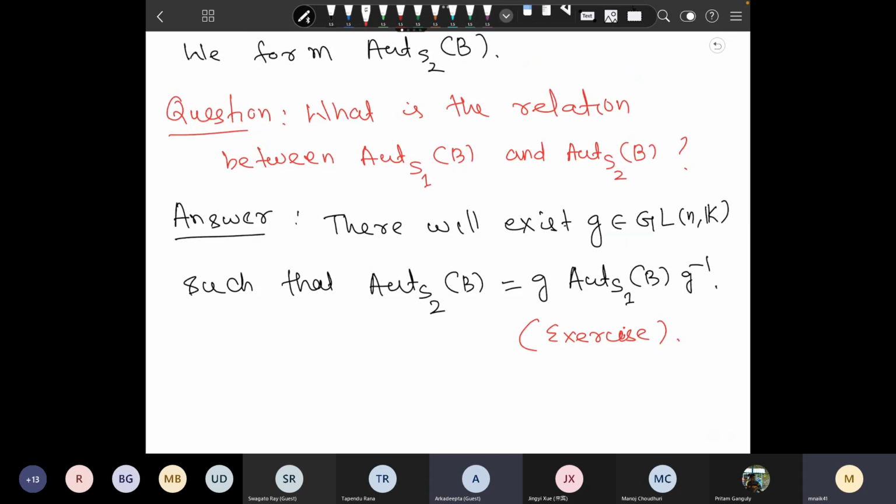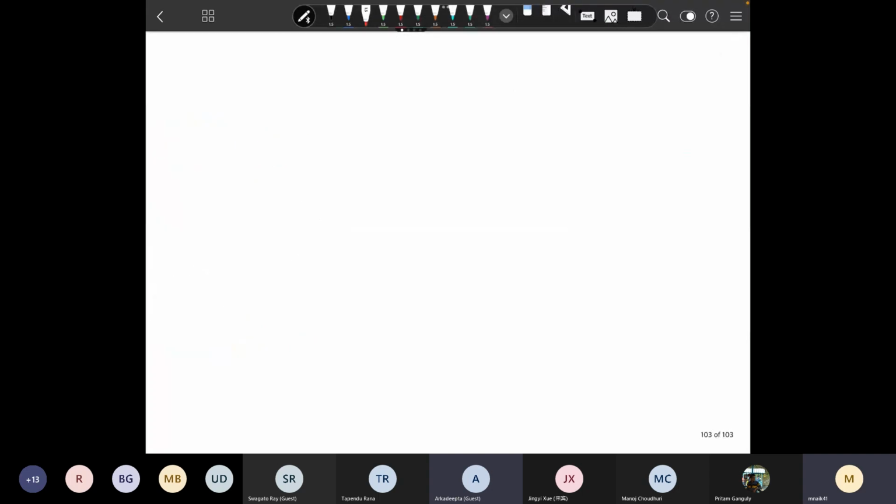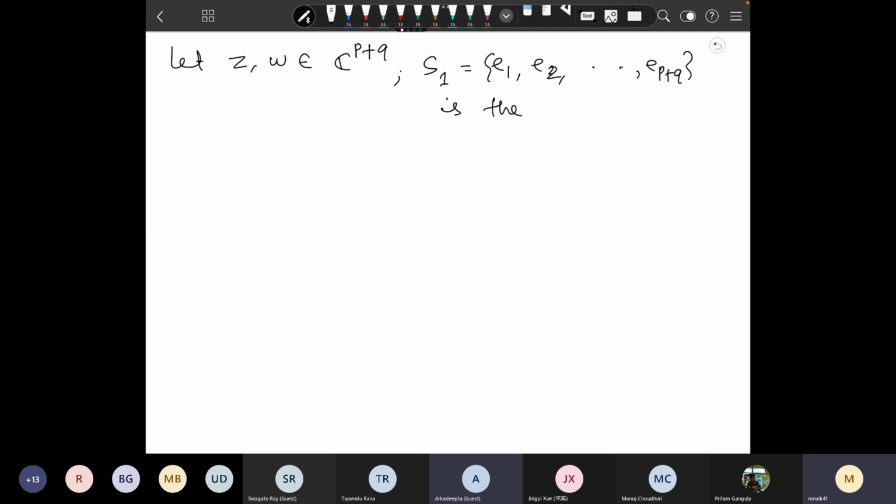Now let us apply this to our situation. Let (z, w) belong to C^(p+q). First I will take S1 as our standard basis e1, e2, up to e_(p+q). I will denote this form by B_(p,q). This index is necessary.